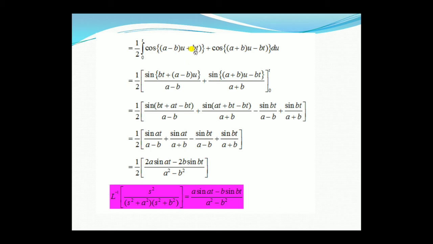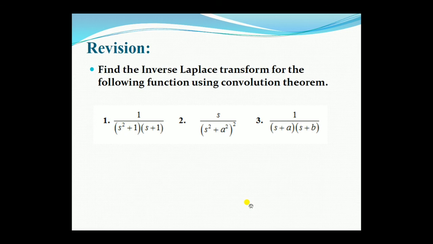Then you integrate with respect to u, applying the limits 0 to t, upper limit minus lower limit. Finally we get L inverse of s square divided by s square plus a square into s square plus b square equal to a times sine at minus b times sine bt divided by a square minus b square.